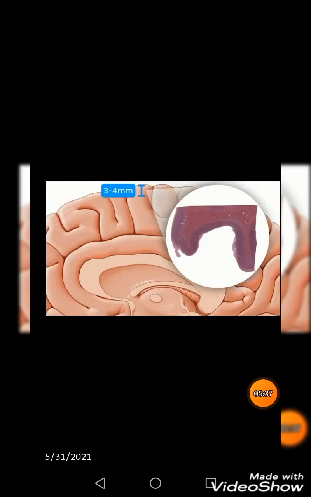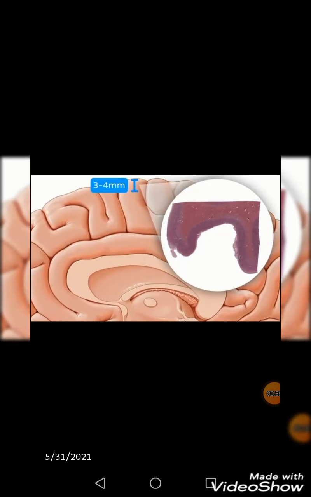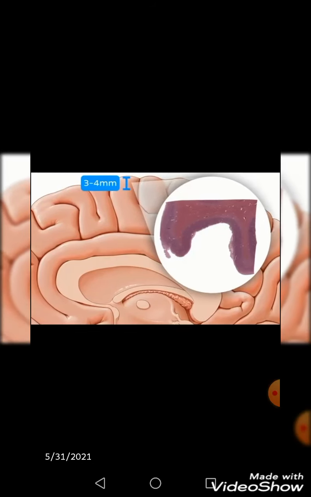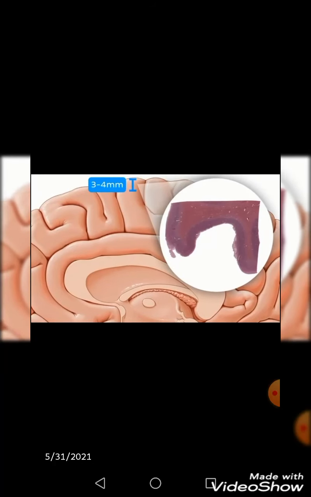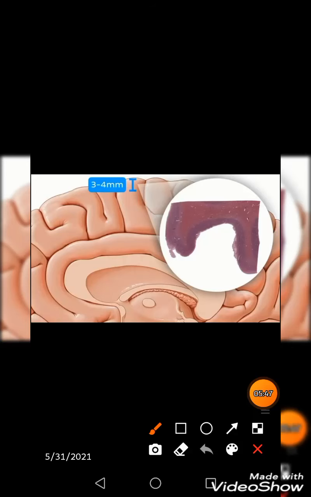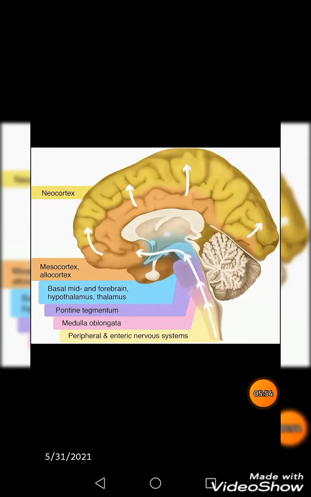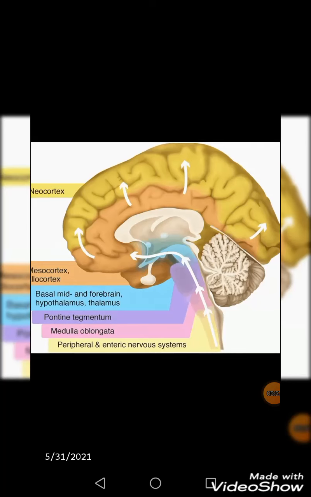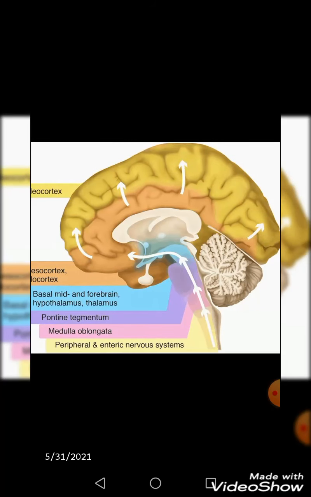Okay, another important thing we have to learn a little bit: the cerebral cortex. If we cut the top gray matter, 3 to 4 mm in depth, we can see this darker color, the gray matter, right? And in this picture, we have to learn that the structure of the cerebral cortex varies in different parts of it, right?